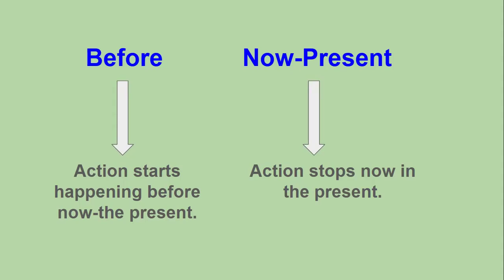But it's no longer happening. It's no longer ongoing. So that is the first case in which we use the present perfect tense to talk about actions that started happening in the past and they got finished just now in the present moment. So it's like, for example, I am eating something.